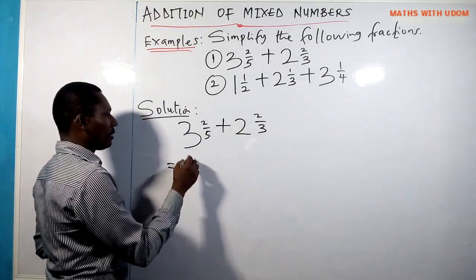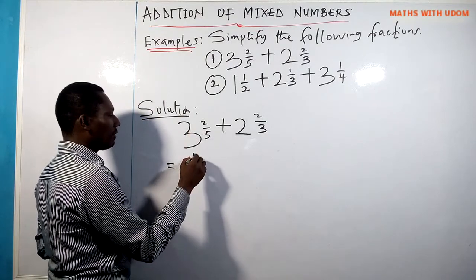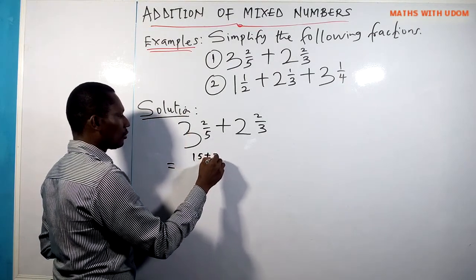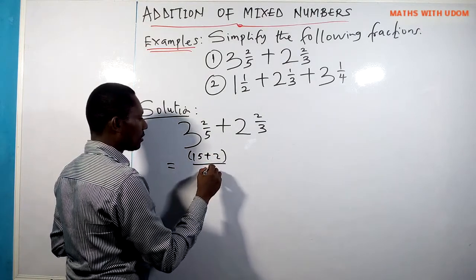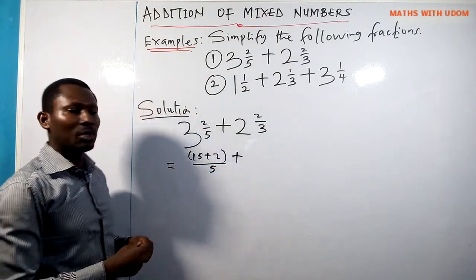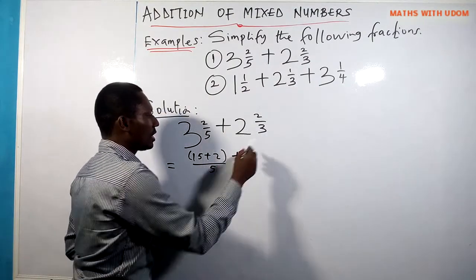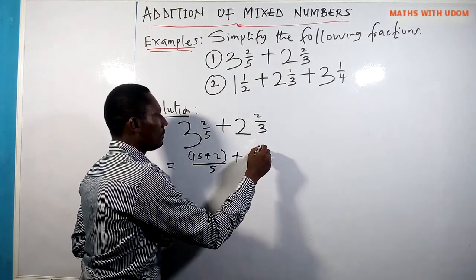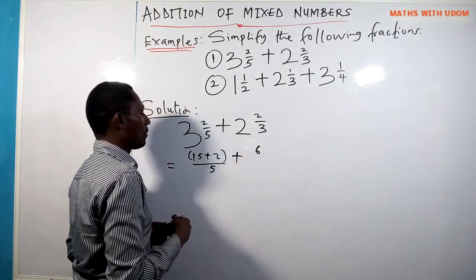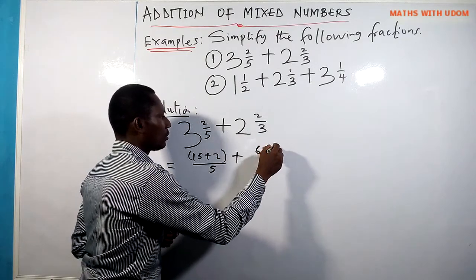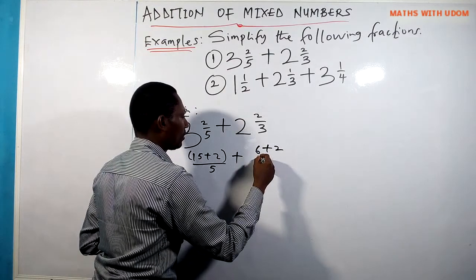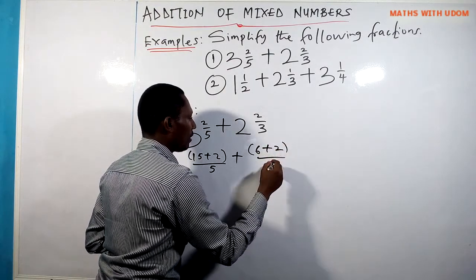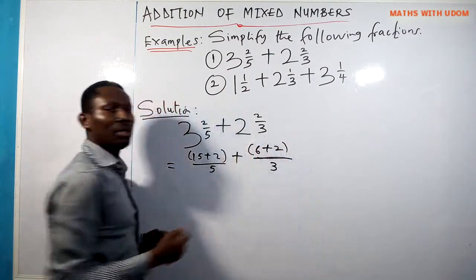So we have 5 times 3, 15 plus 2, divided by 5. Then the other part, 2 times 3 is 6, plus the 2 on top, divided by our denominator 3.